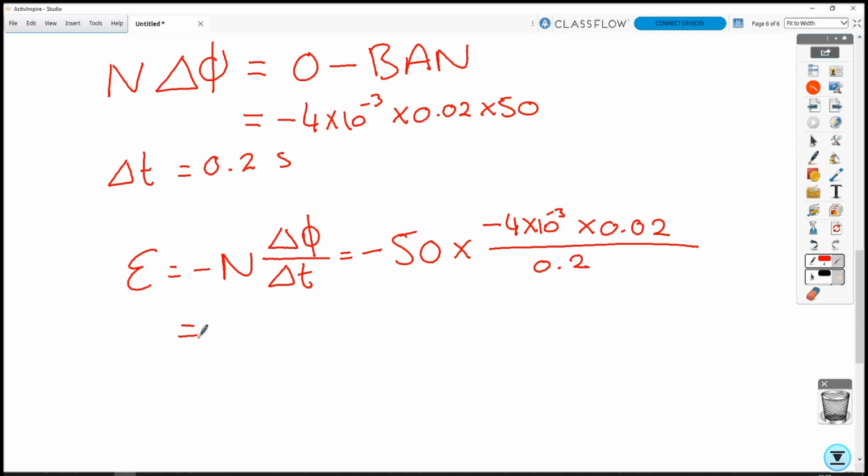And that gives us a value of 0.02 volts. Because the two negatives, they cancel each other out. So in this case, we had our flux reducing. So the change in flux was actually negative. Because the change in flux was negative, the induced EMF was opposite to that. It was a positive EMF that was induced.